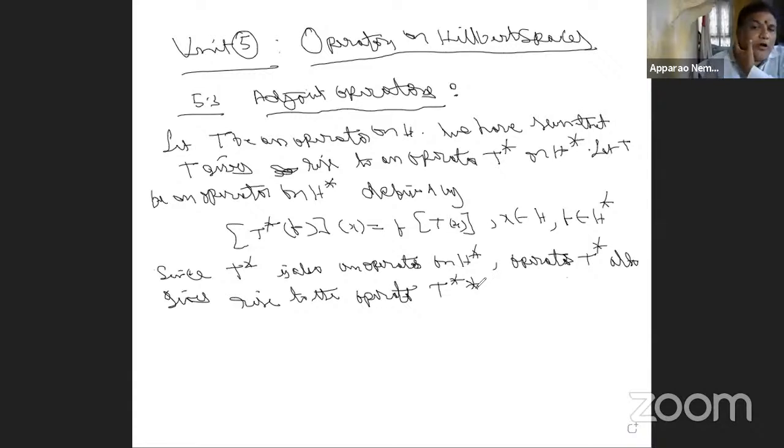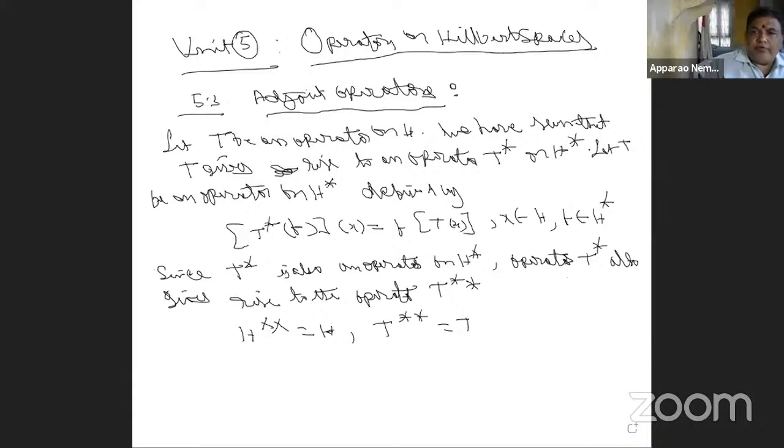This means on H double star, where H double star equals H. So T double star equals T.